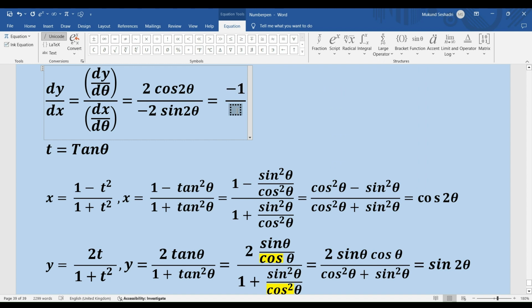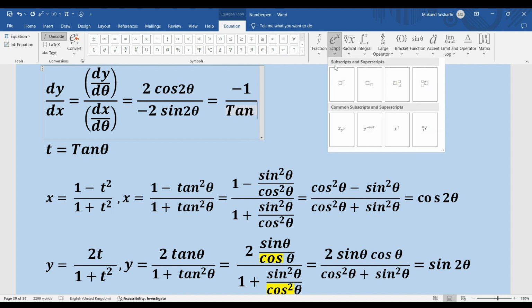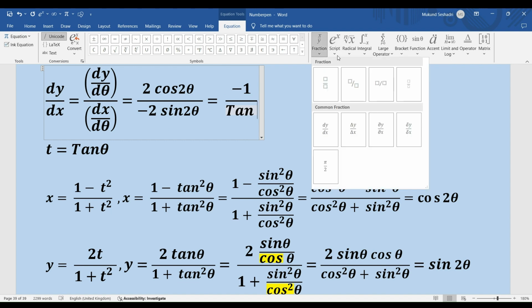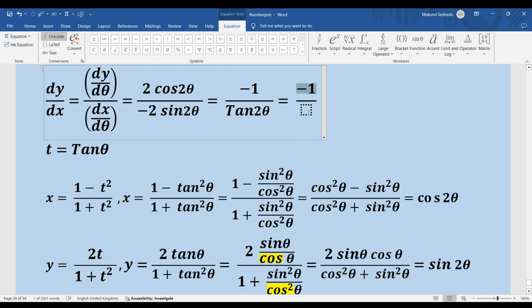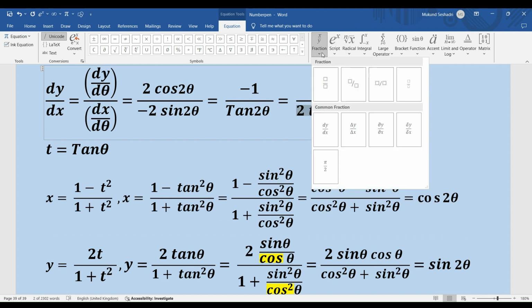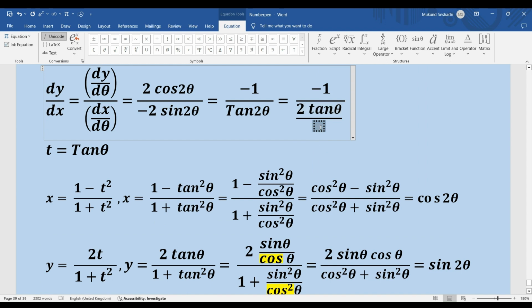I have a minus cot 2 theta, but I'm going to represent it as a tan 2 theta because I'm quite familiar with representing tan 2 theta in terms of tan theta: 2 times tan theta divided by 1 minus tan square theta. And if you're trying to figure out this particular identity, I'll put a link to that particular video where I have solved for this.